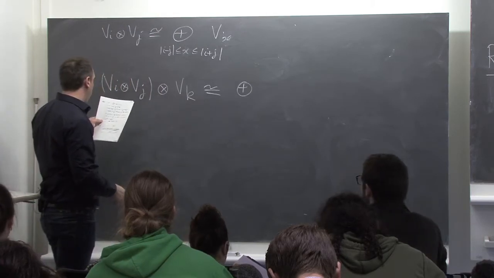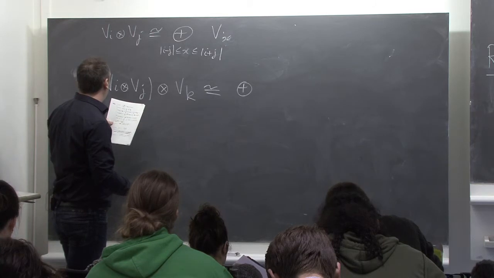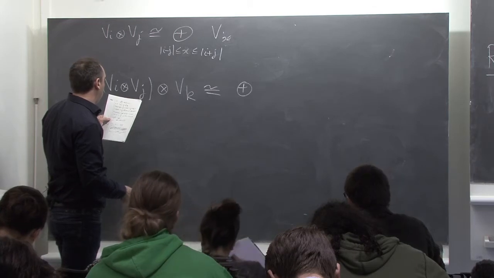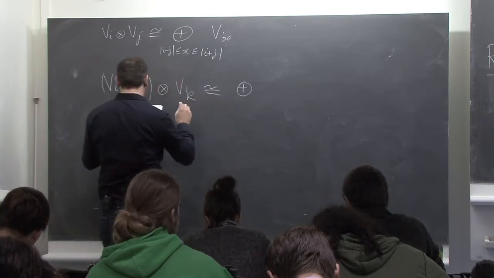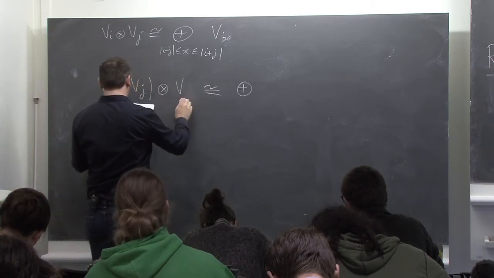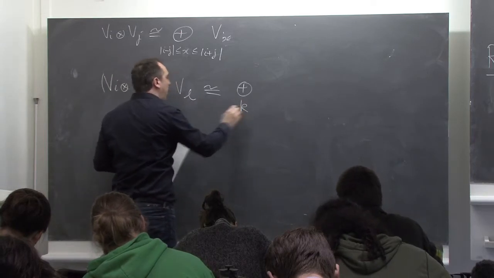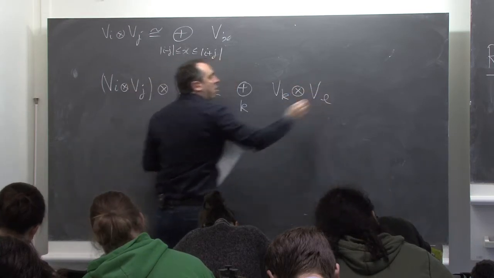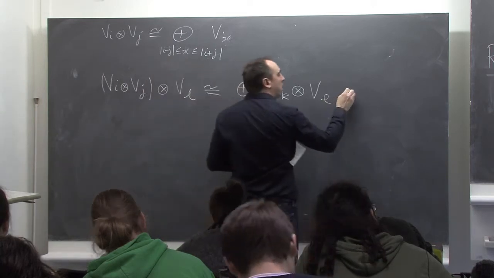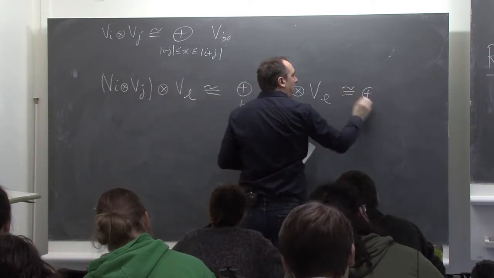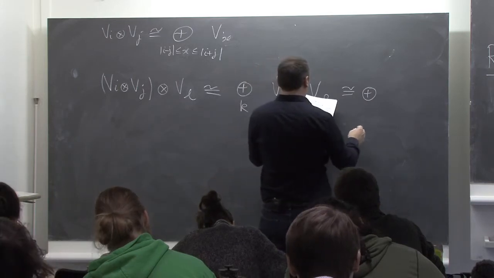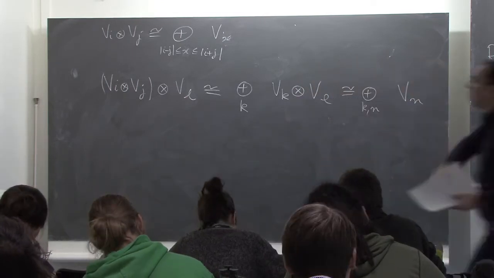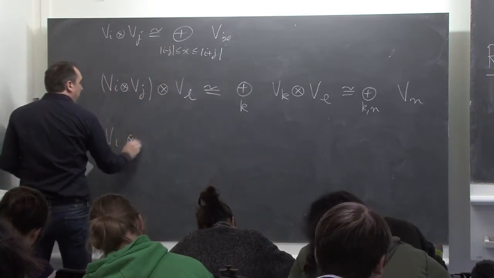So which one do I take? I take L. So we take the sum over k of Vk tensor Vn, and it is isomorphic to a sum of Kn Vn, which is the decomposition. And again, we can do the same game.